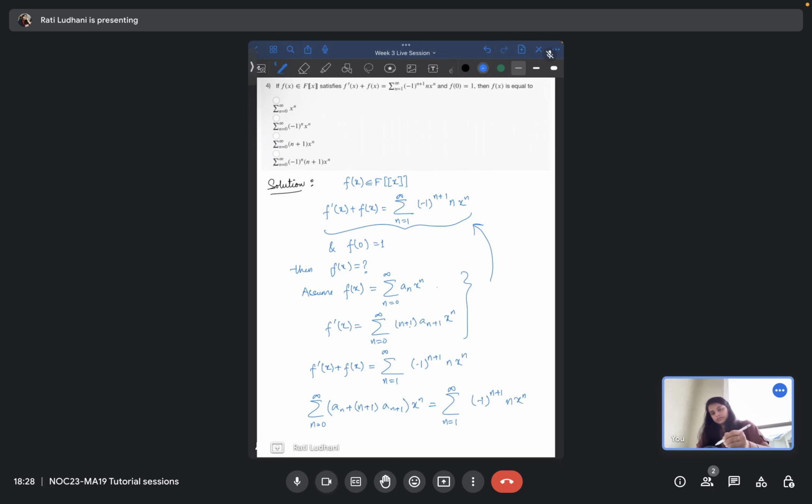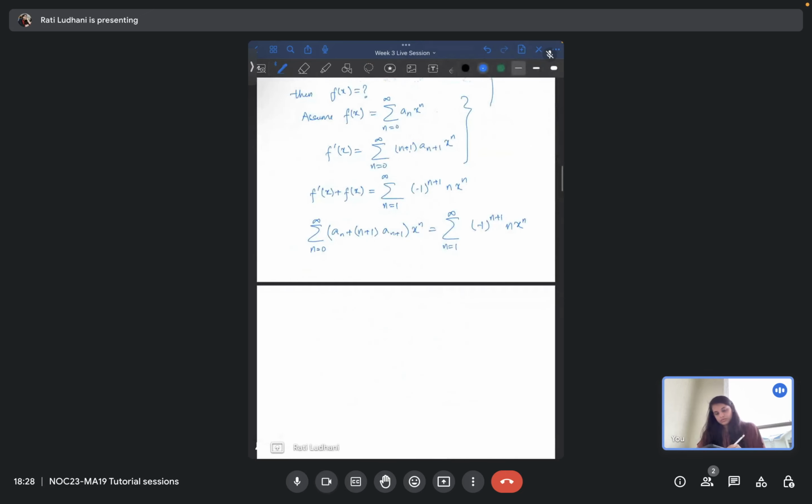Now this implies a_n + (n+1) a_(n+1) = (-1)^(n+1), on comparing coefficients of x^n, for all n belongs to N. So here again n is from 0.